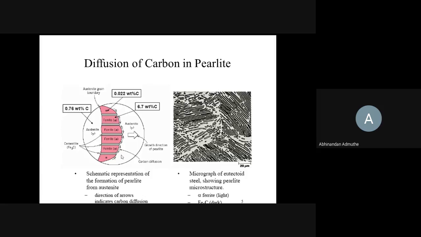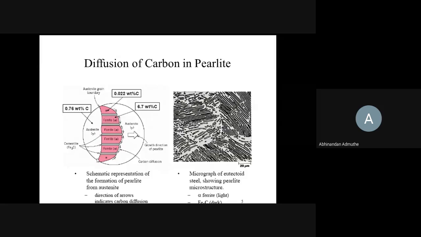So what happens first of all over the austenite grain boundary? Due to the diffusion of carbon, pearlite forms. Imagine that this is our austenite grain boundary.